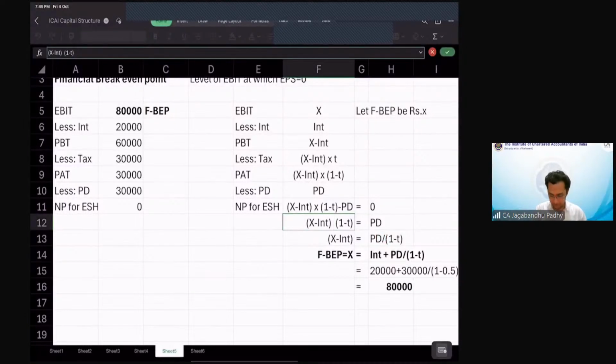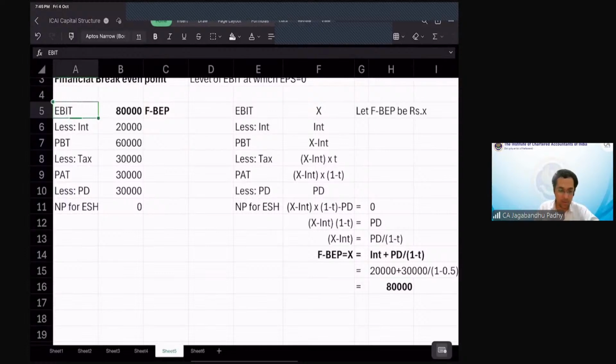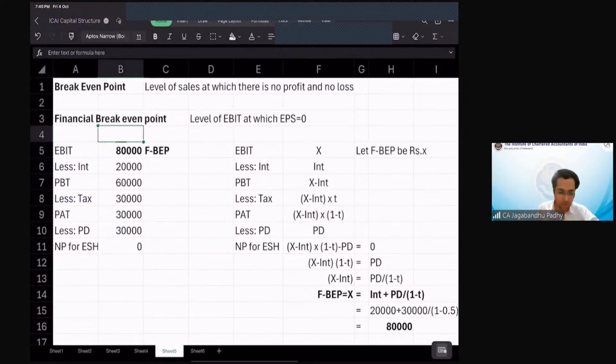Good evening, sir. Sir, here EBIT is called the financial break-even point? No, not every EBIT is the financial break-even point. That EBIT at which your EPS becomes 0 is called the financial break-even point.